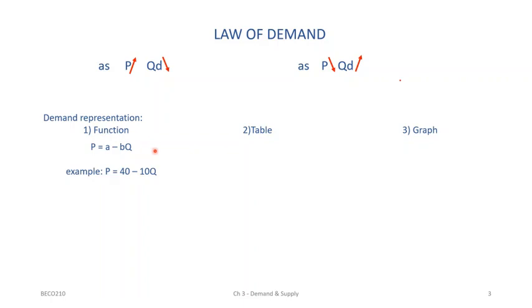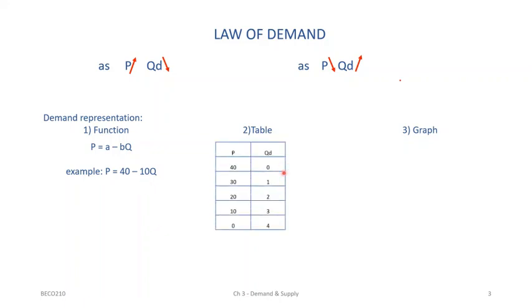This is an example of a demand function. As you can see, the negative slope here, the minus 10, represents the negative relation between Q and P. If Q increases by 1 unit, P decreases by 10.